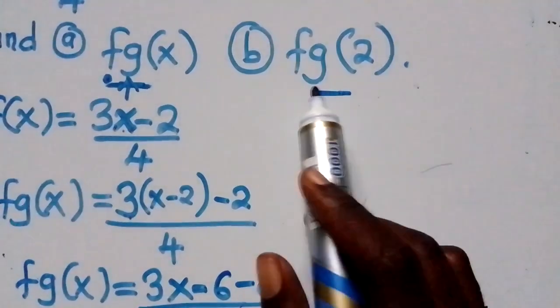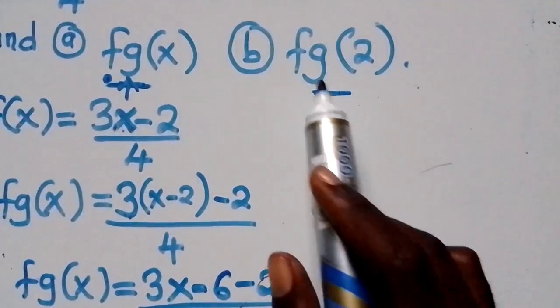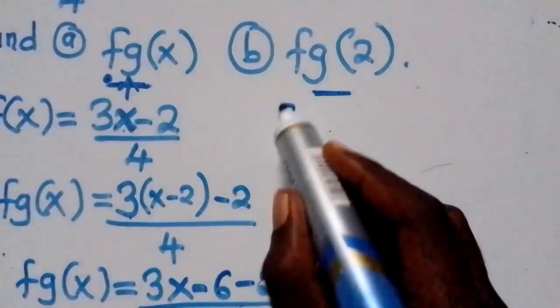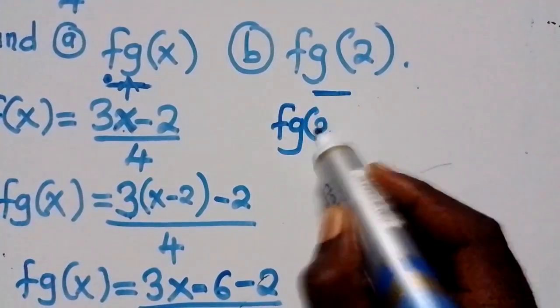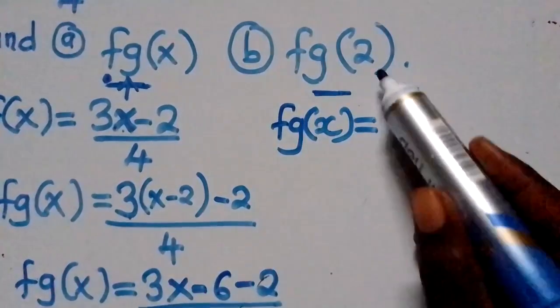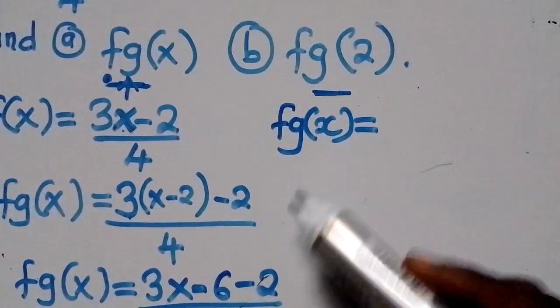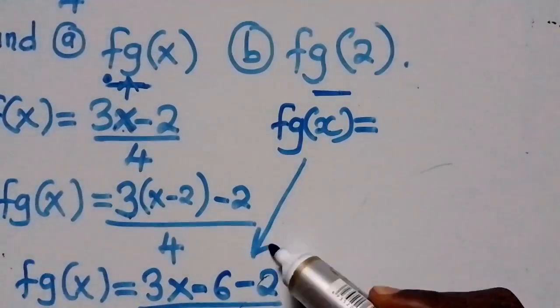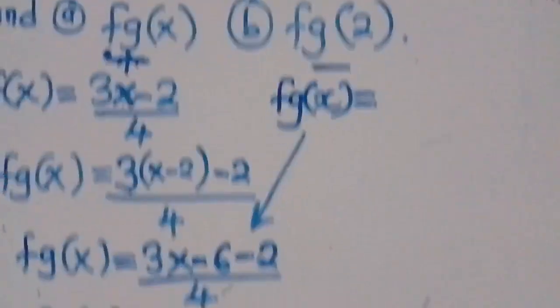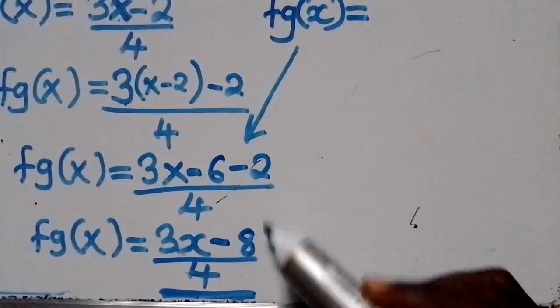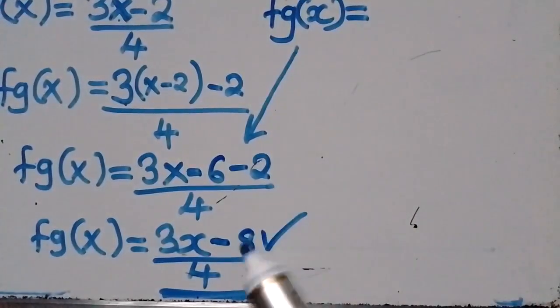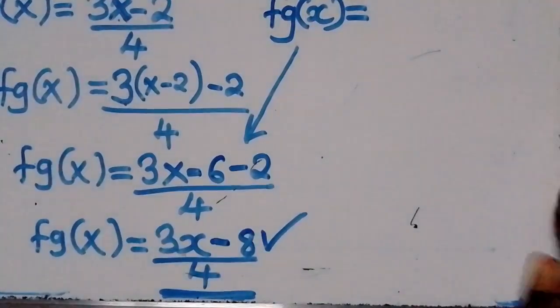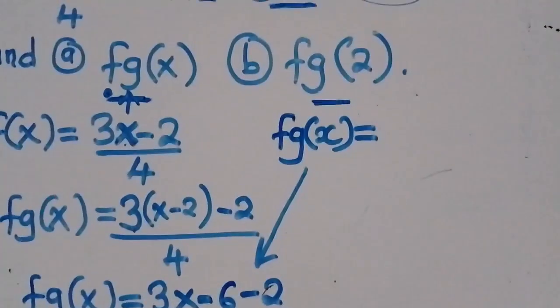This is fg of 2, so you ask yourself, where is the function fg of x where you are going to put a 2 now? The function is down here. You've just solved it, and the answer is here. So you get this one and you put it there.